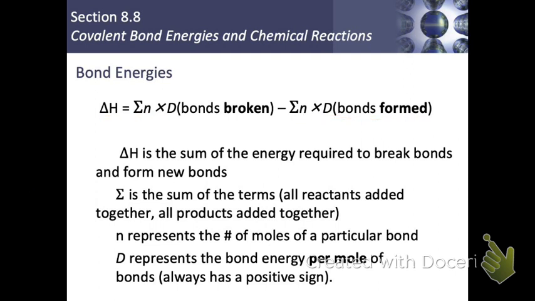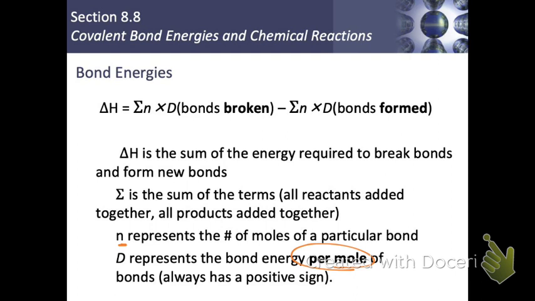So delta H is the sum of energy required. Sigma is the sum of all the terms, so all the reactants added together, all the products added together, reactants minus products. N represents the number of moles of a particular bond. D represents the bond energy per mole of the bonds, and it always has a positive sign.